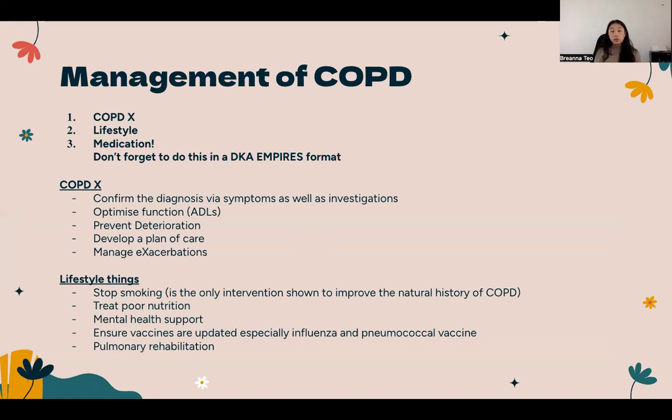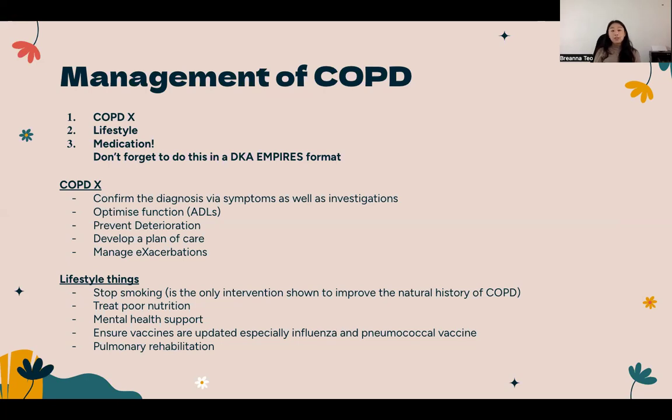We have our personal ADLs as well as our instrumental ADLs, and depending on which one's affected can also influence the severity of the COPD and how you might describe it. P is for preventing deterioration, so taking a preventative approach. D is for development of a care plan, and then X is for managing exacerbations.